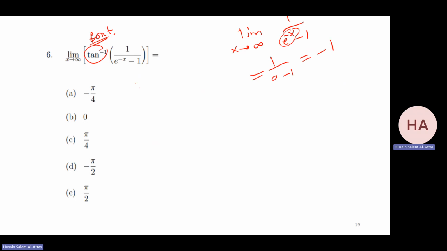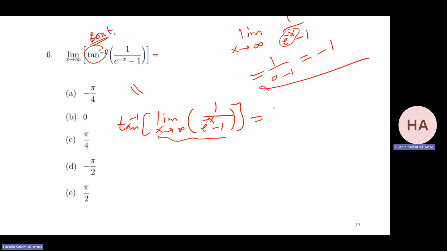So I have this limit equal tan inverse of the limit x goes to infinity, 1 over e to the minus x minus 1. And this limit, as we did before, is minus 1. So that will be tan inverse of minus 1, which is minus pi over 4.